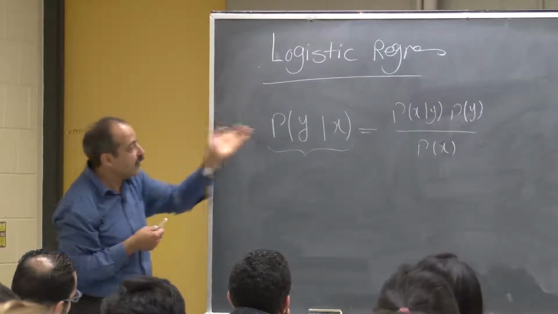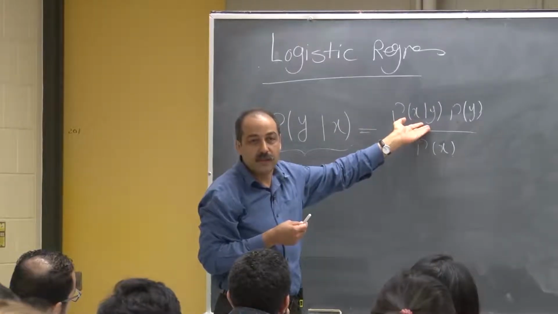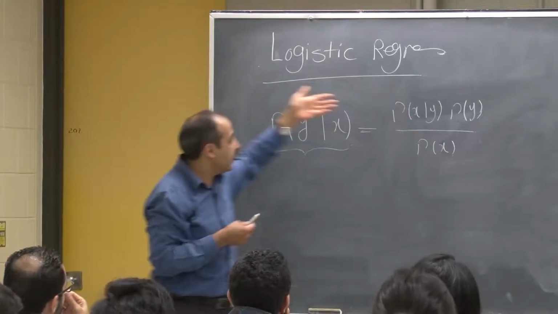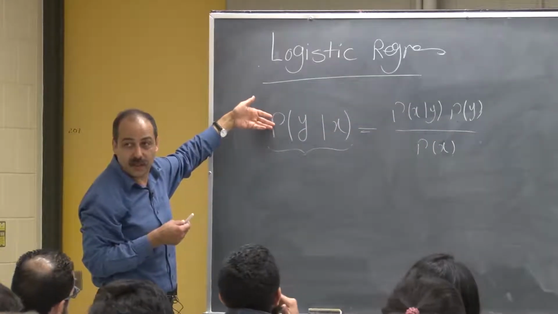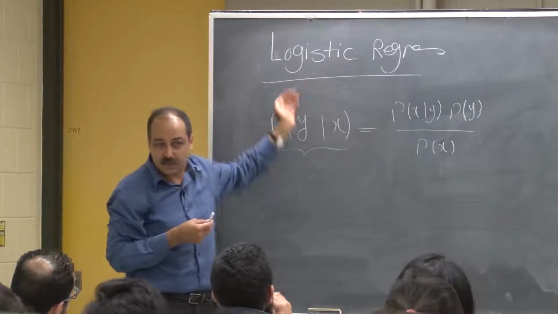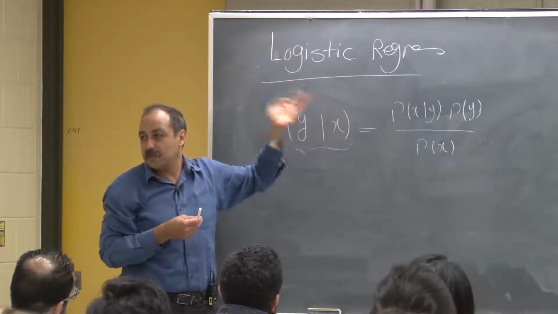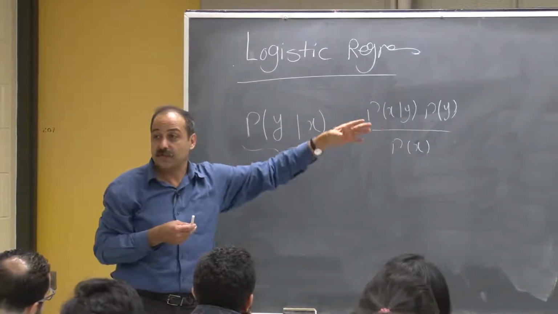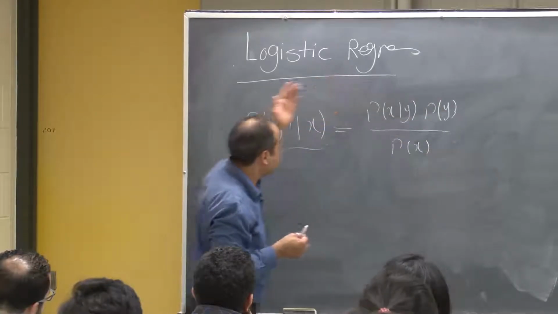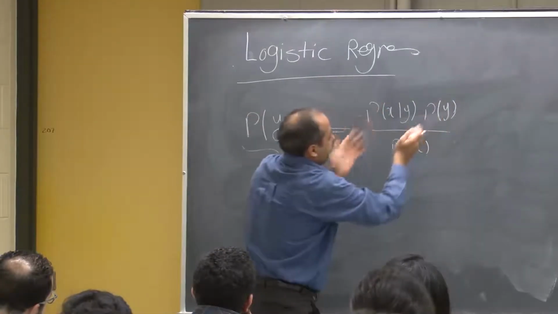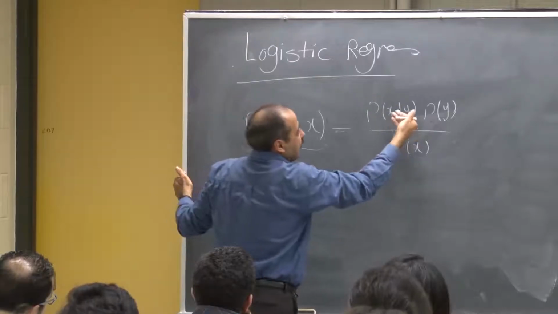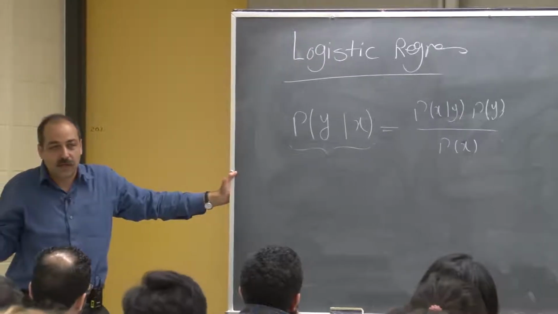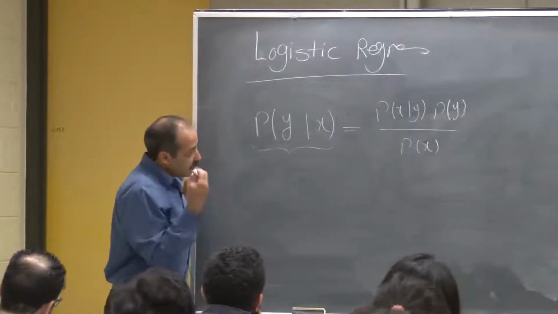Here we assumed this is Gaussian, and then learned the parameters of the Gaussian. Let's make an assumption for the posterior directly. Assume that it has a known form, and learn the parameters of this form directly without going through the difficulty of the rest, because if I can model this, I don't need to know what the class conditional was, what the marginal was, what the prior was. I don't care. That's basically the idea.